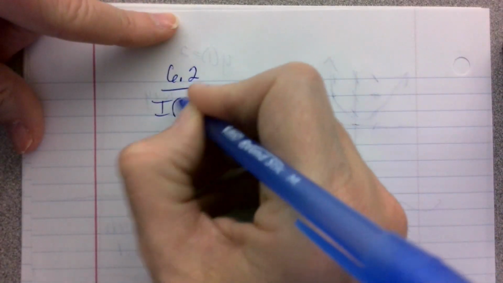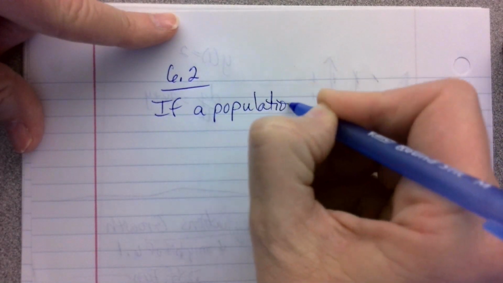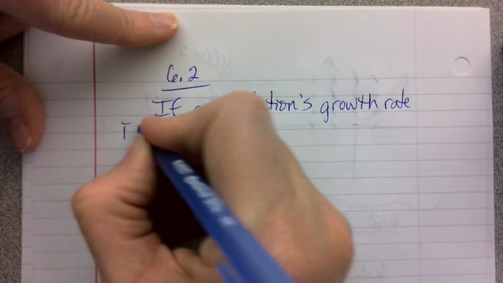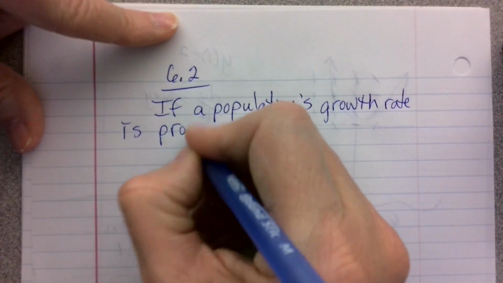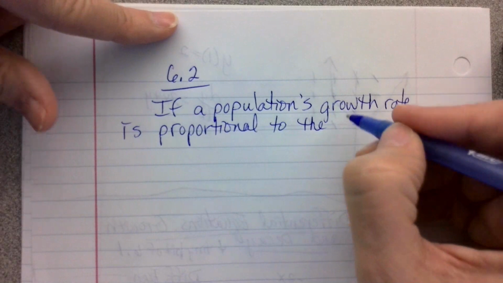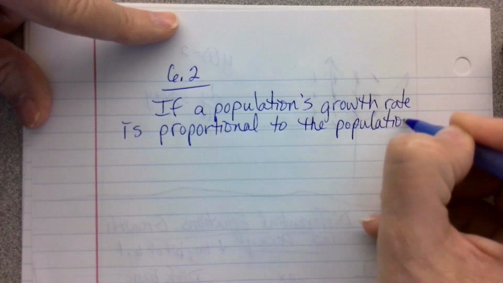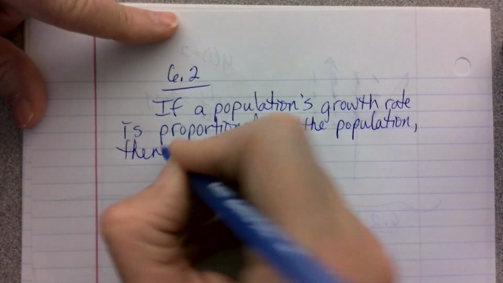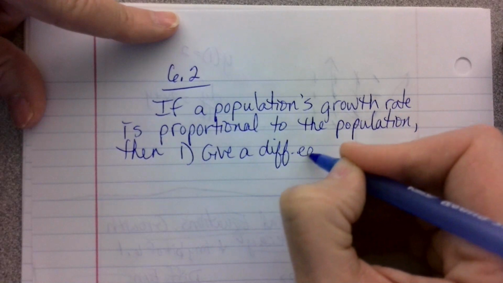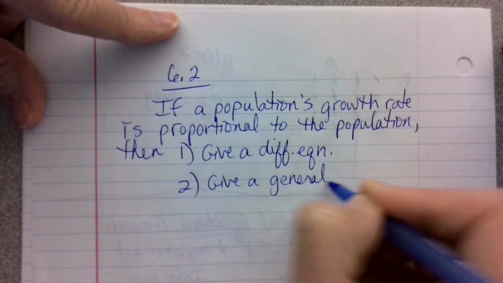If a population's growth rate is proportional to the population itself, then first of all, give a differential equation, and then second, give a general solution.